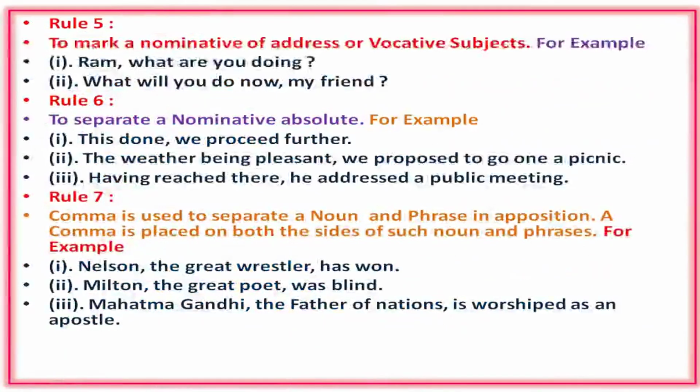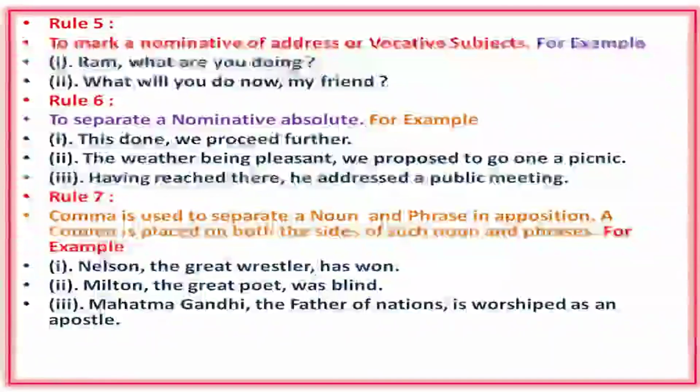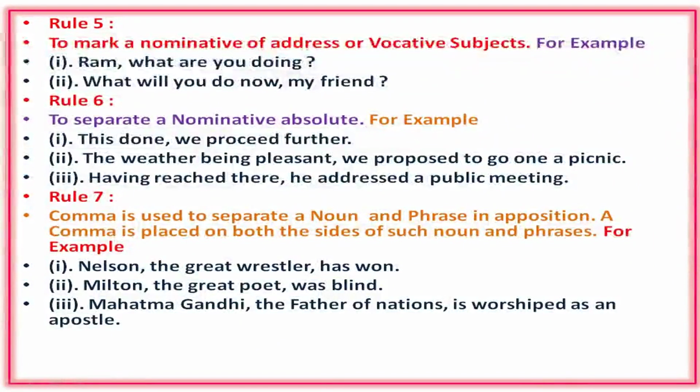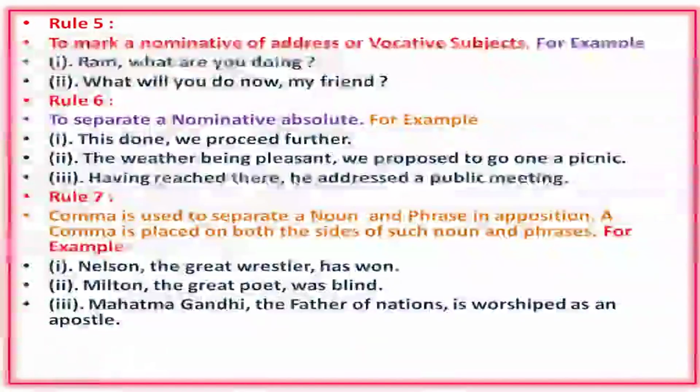Rule number 5: To mark a nominative of address or vocative. For example, Ram, what are you doing? Second one, what will you do now, my friend? These are nominatives of address or vocatives.